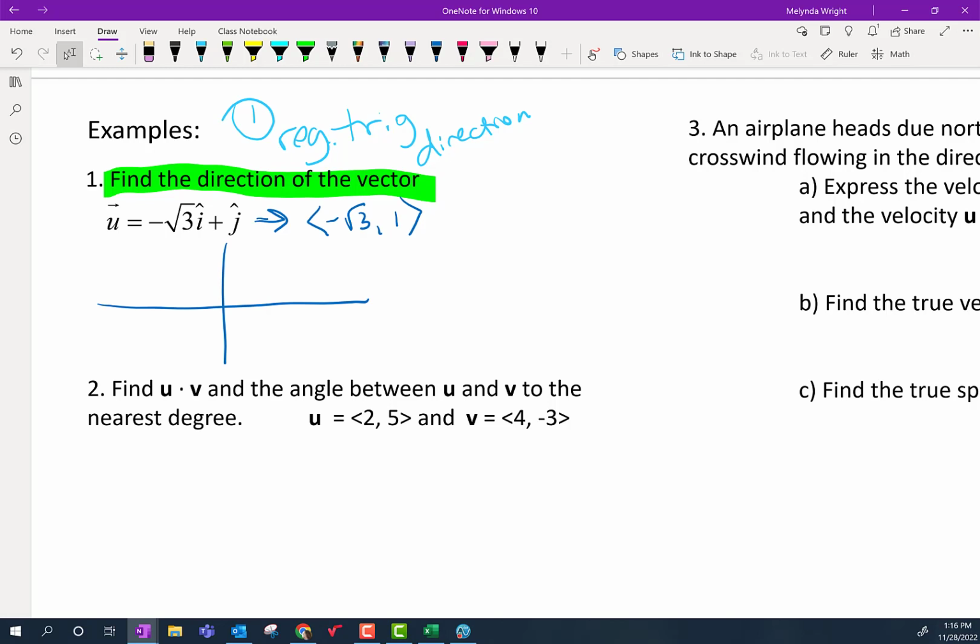So when I graph this particular vector, I'm going to go left, negative, so it's negative root 3, and up 1. So this is where my vector is. It's in the second quadrant.